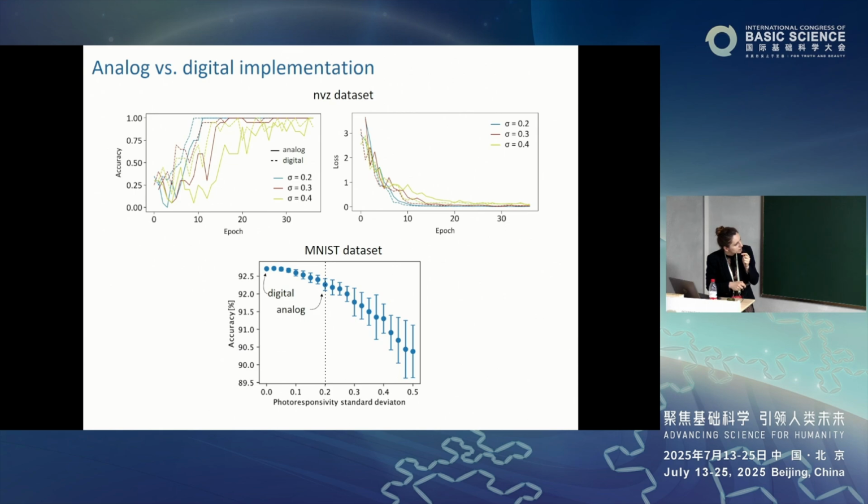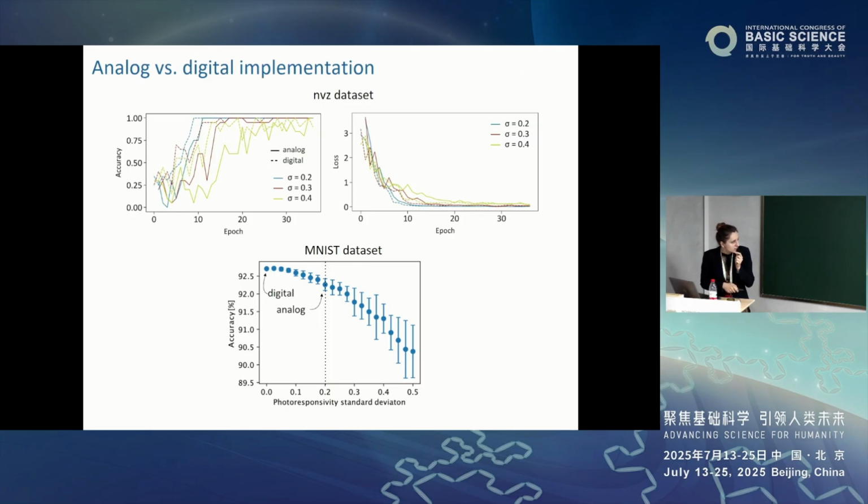And you can see that the dotted line is how fast the actual computer was learning, and the solid line is our image sensor, and there is not much of a difference. Always the computer was slightly better, but not that much better, especially when you look at the optimization of the loss function. It's almost the same.